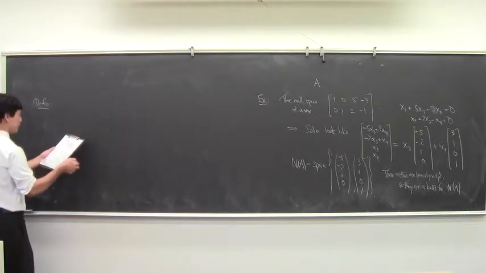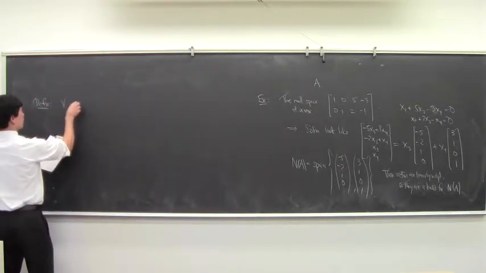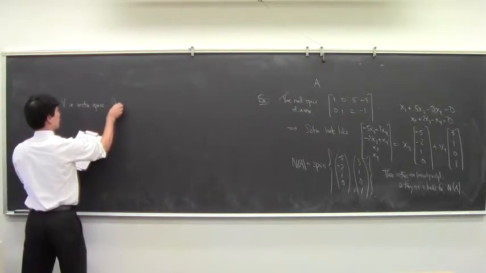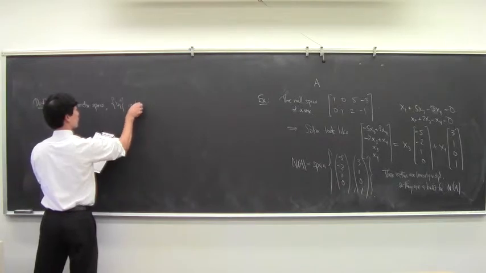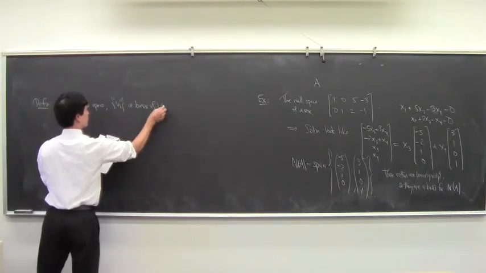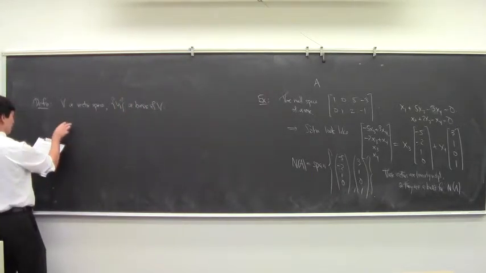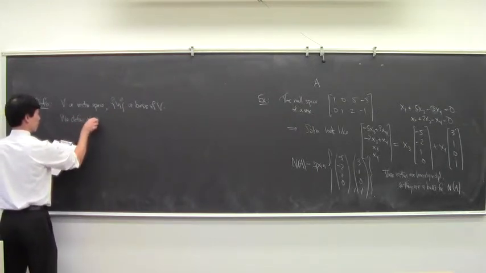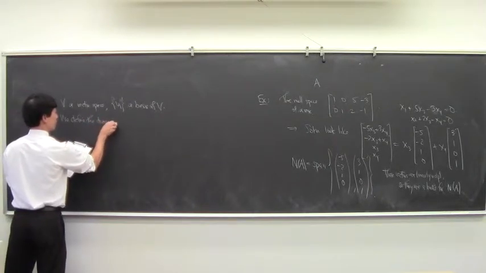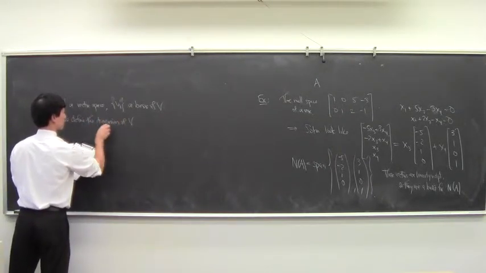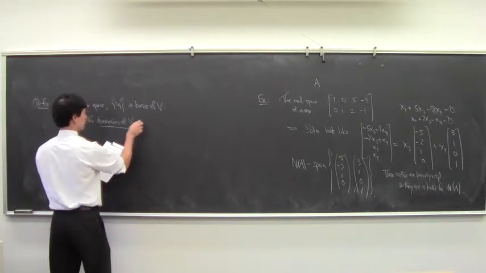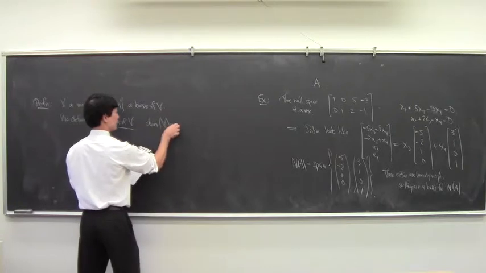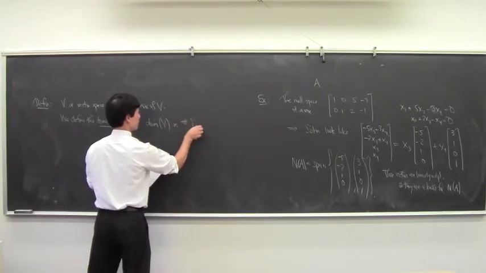Next, the notion of dimension. So V a vector space, and you have some basis. Okay. We define the dimension of the vector space, usually written dim V, as the number of vectors in the basis.